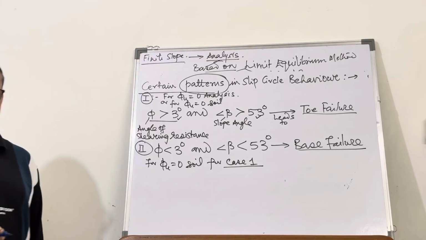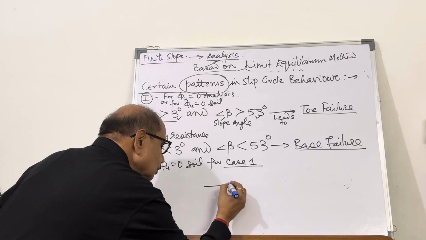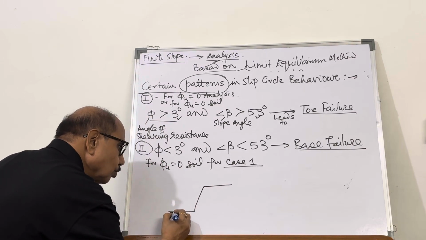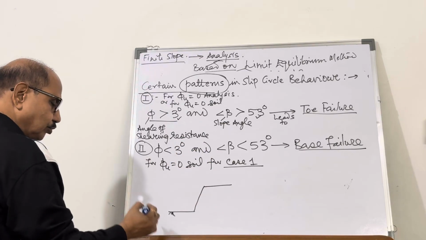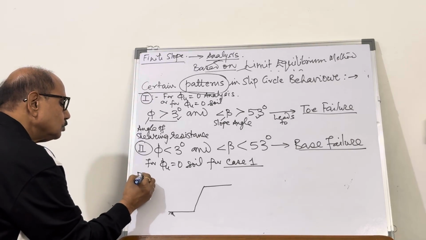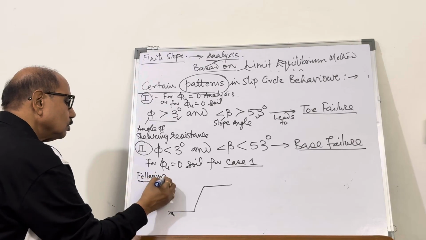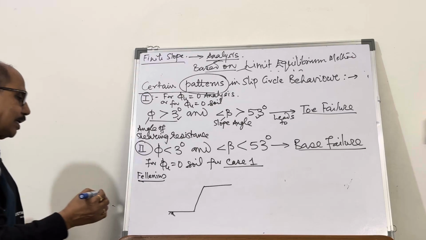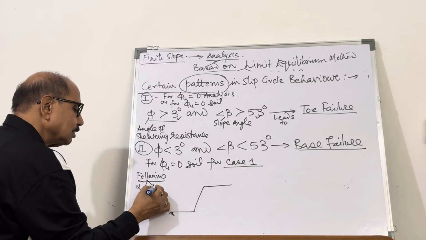That means toe failure. That means this is the slope. This is the slope. This is the embankment. Naturally, Fellenius has given you directional angles, and the directional angles are alpha 1 and alpha 2.